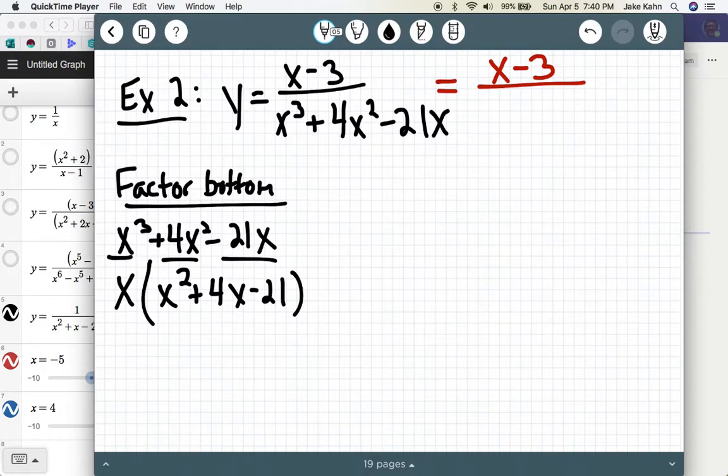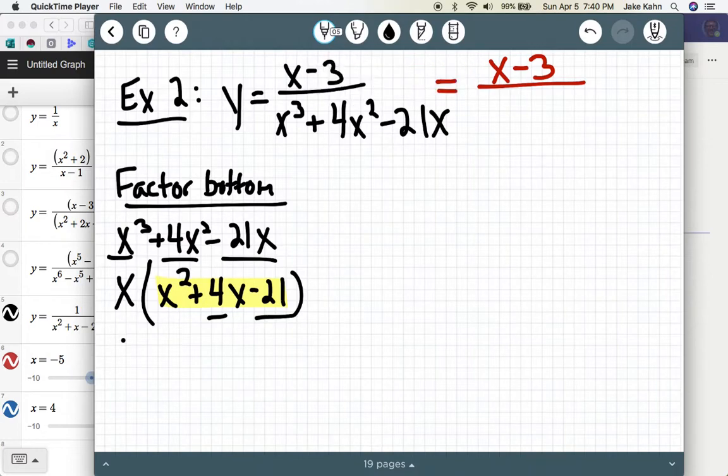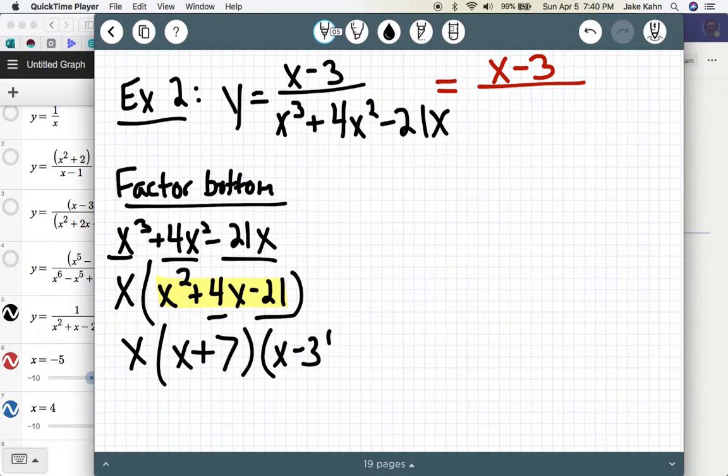Now, what's inside, what I just highlighted in yellow, we can factor by asking what two numbers multiply to give me negative 21 and add to give me 4. Those two numbers will be positive 7 and negative 3. 7 times negative 3 is negative 21, and 7 plus negative 3 is 4.